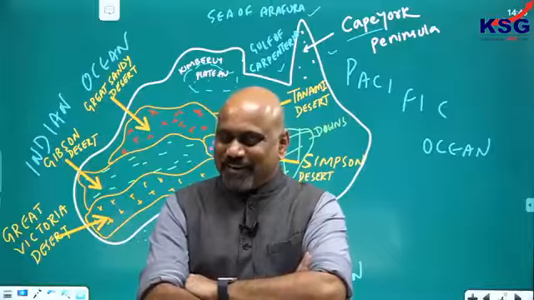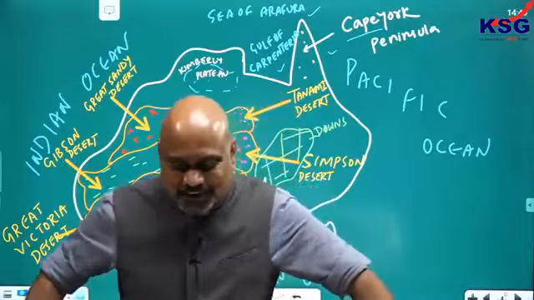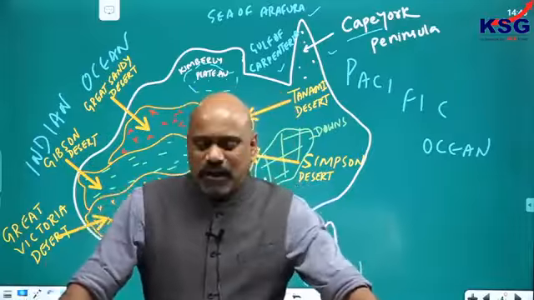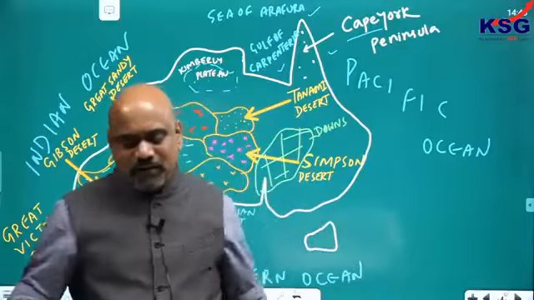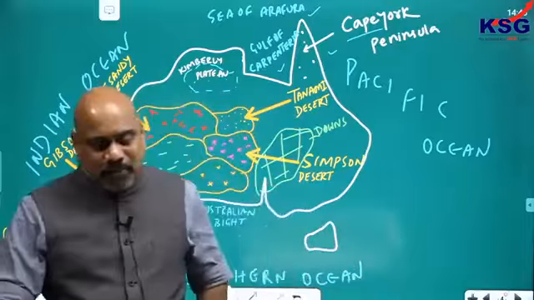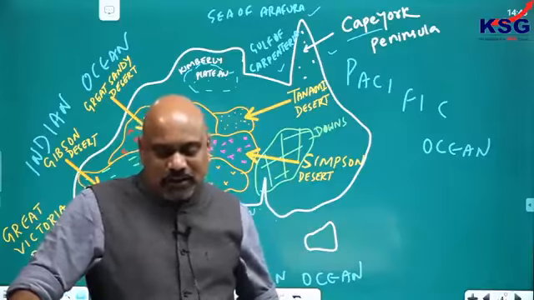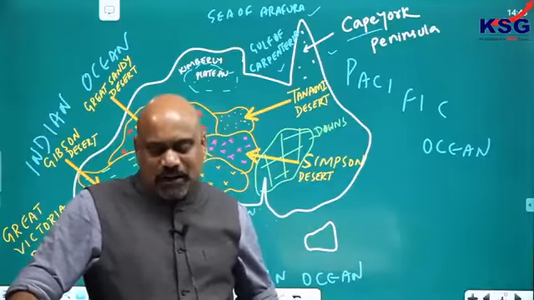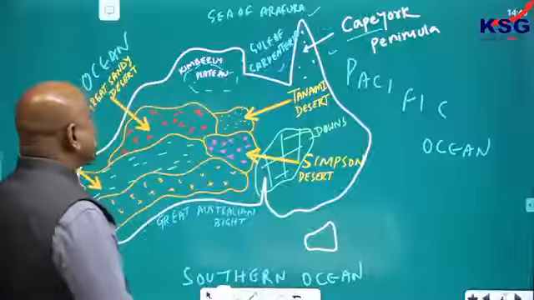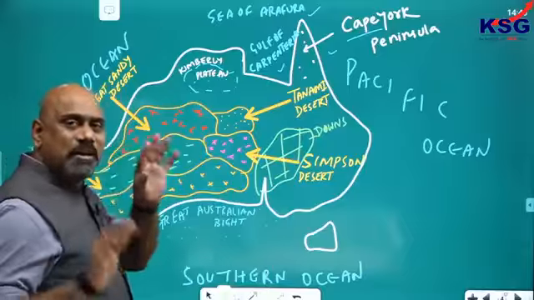My friends, again a very good question, like the Mediterranean one, but I'm not going for climatic division now. Here is a question: it appears that moist air doesn't come from the Indian Ocean due to the presence of desert in the western part of Australia. Please remember, wherever you have a desert, it is a high pressure cell.